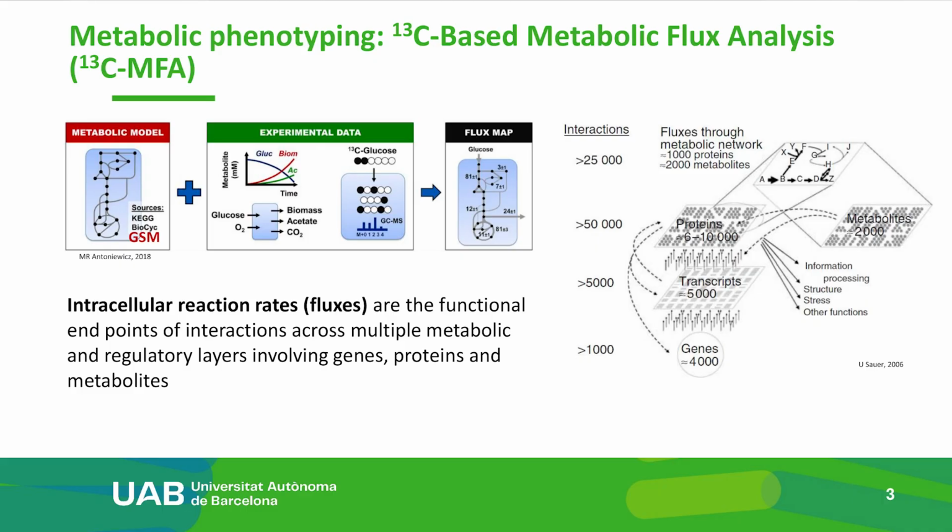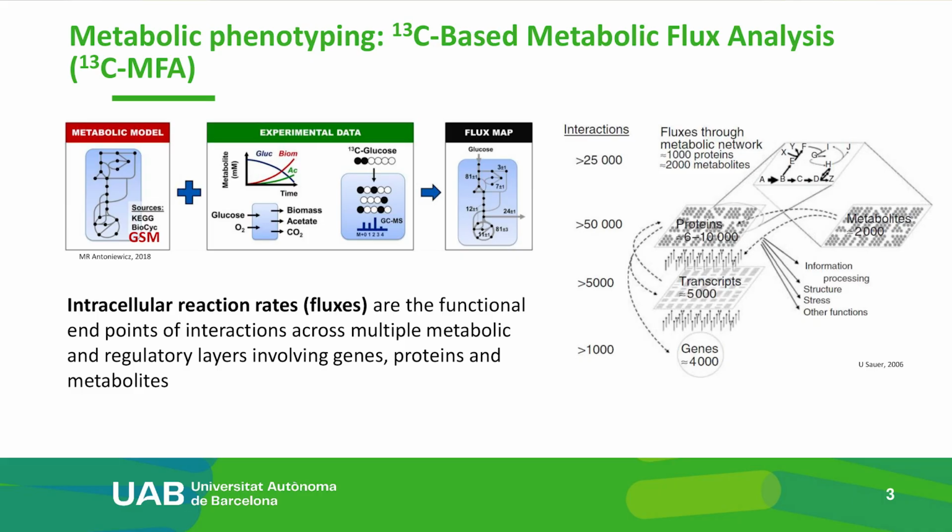Okay, so to do this, you need essentially a metabolic model, so a mathematical model describing the metabolic network, and then you need to go into the lab and perform some experiments to measure extracellular rates, reaction rates like substrate consumption rates, production rates, and on the same culture you need to feed cells with a substrate that is partially labeled with carbon-13, either uniformly on every carbon or in some positions of the carbon source.